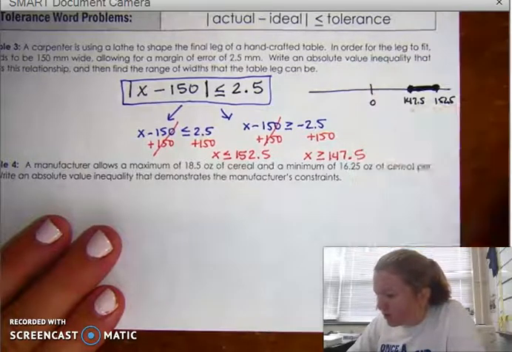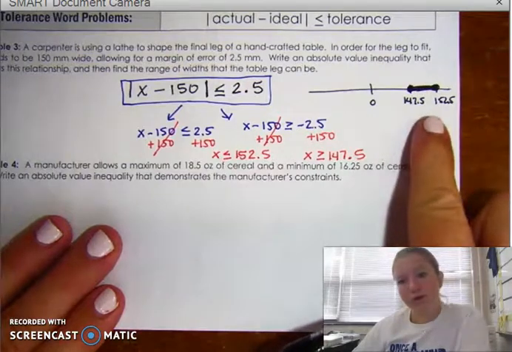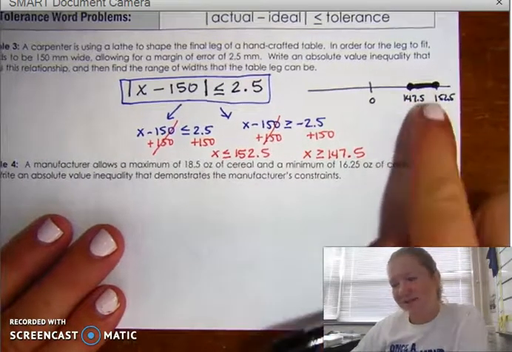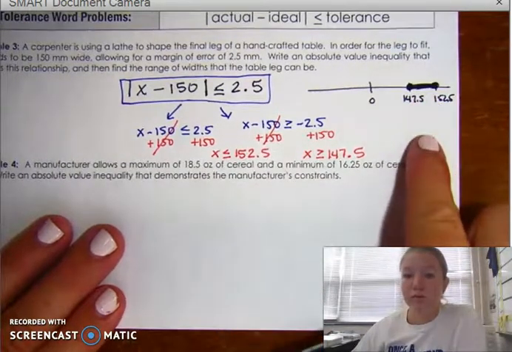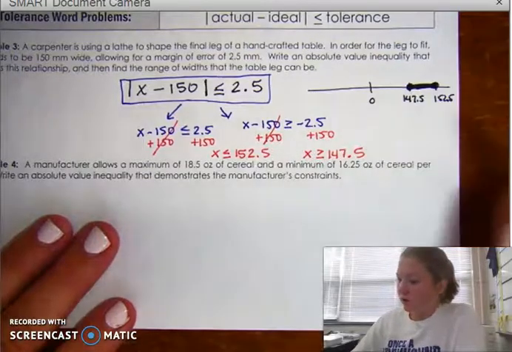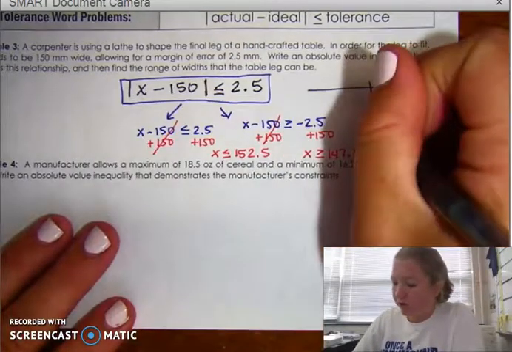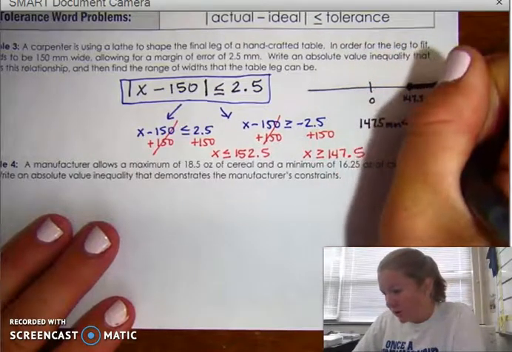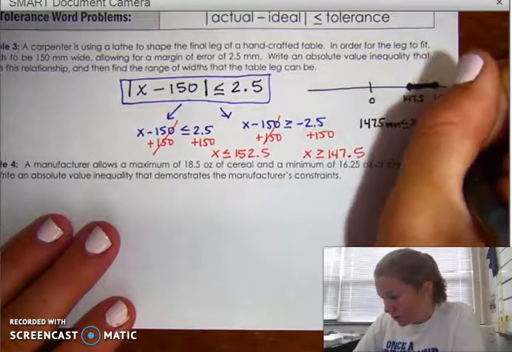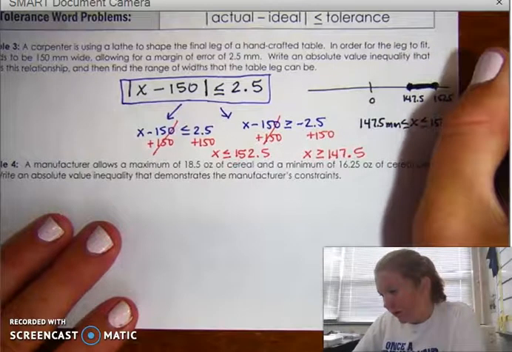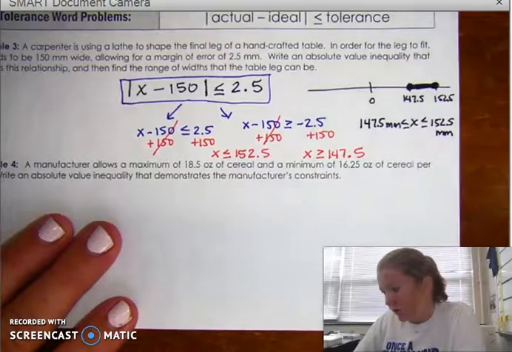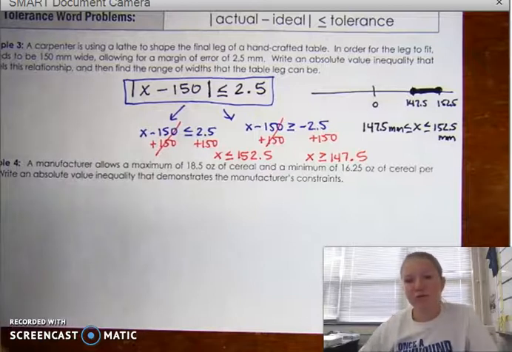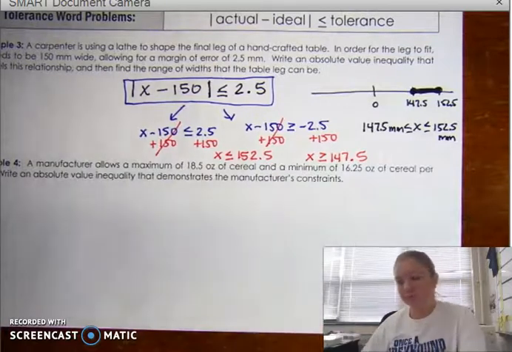So it's going to be everything in this small range right here, where 150 is the ideal, which would be halfway between those 2 values. So I would write that as the range would be between 147.5 millimeters and 152.5 millimeters. You could also write that as an interval notation with brackets.